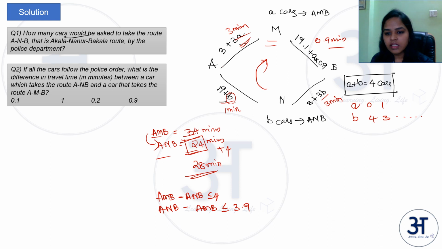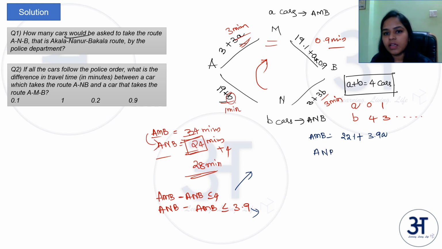Once this logic is clear to you, you can form two inequations using this. Let us form the first inequation. We have AMB as 3 plus 3a plus 19.1 plus 0.9a. So that is 3.9a plus 22.1.